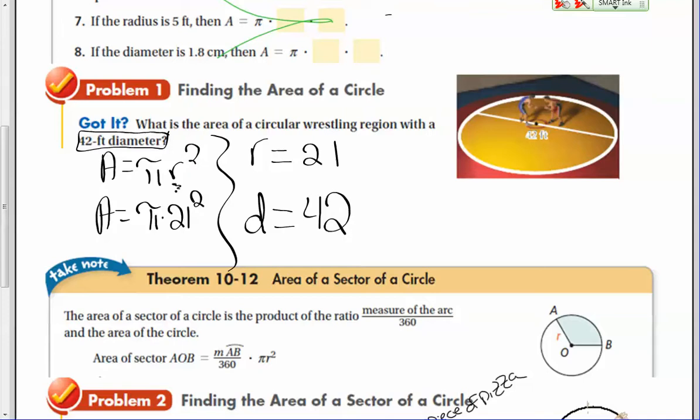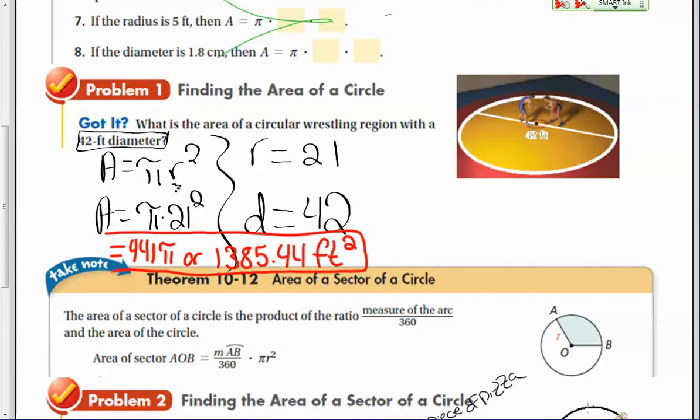Or what you probably did was 1,385.4. And I'm in feet, and this is area, so feet squared. There you go, Max. I put the answer in red just for you.